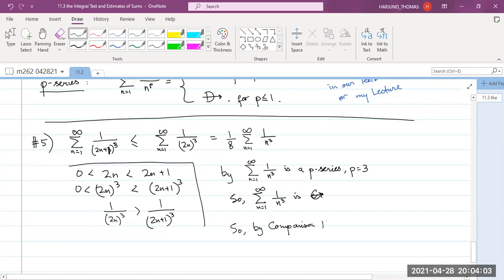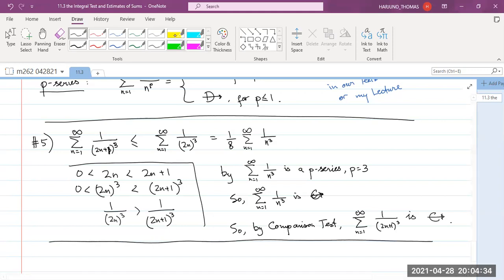But you know intuitively, if you have a non-negative series bounded above by a convergent series, then that series must be convergent. This is something we later learn in 11.4.